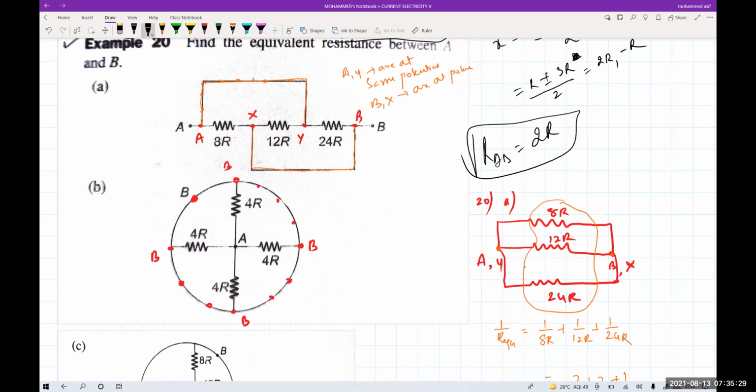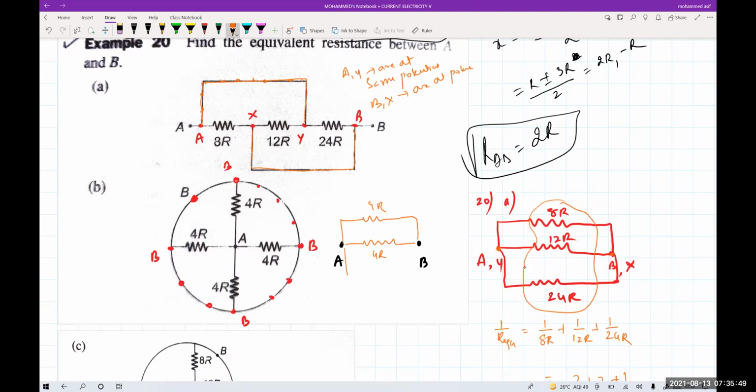So now I can take this point A here, and somewhere here this is point B. Between A and B there is one resistance. Between A and B there is one more resistance. This is 4R, this is also 4R.